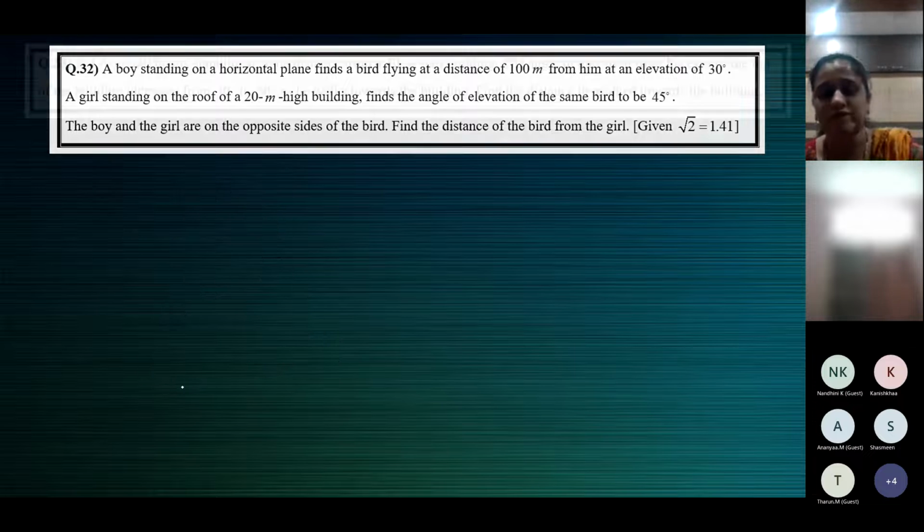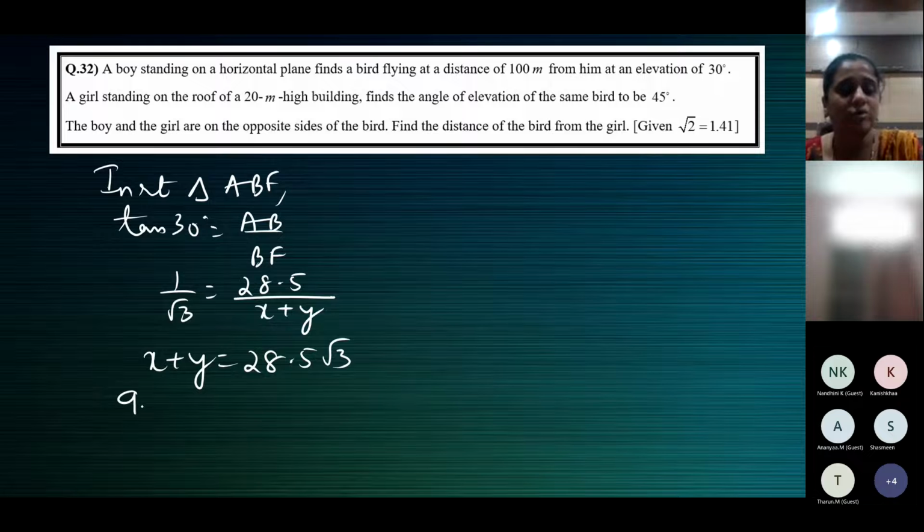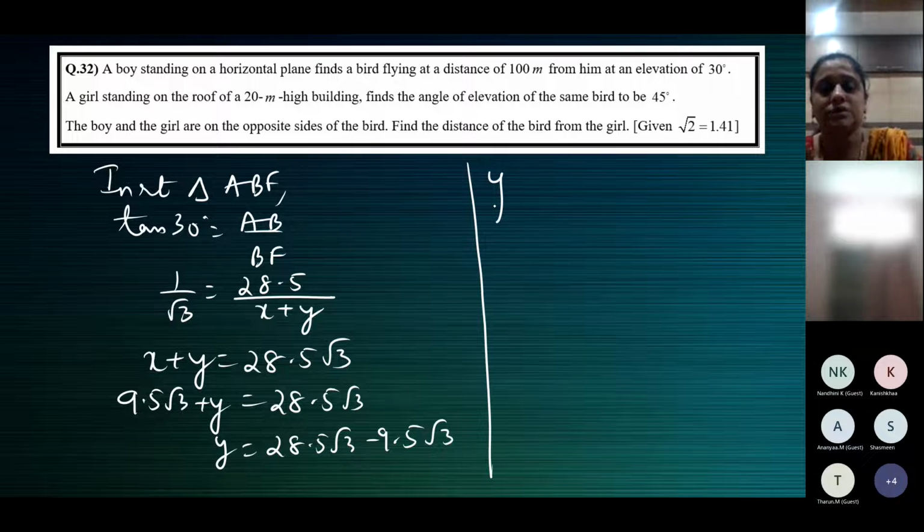We already found the value of X, which is 9.5 √3. So 9.5 √3 plus Y is equal to 28.5 √3. Y is equal to 28.5 √3 minus 9.5 √3. So Y is equal to 19 √3, if I'm not wrong.